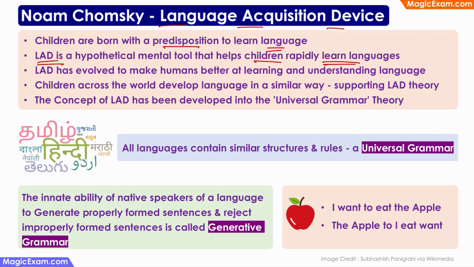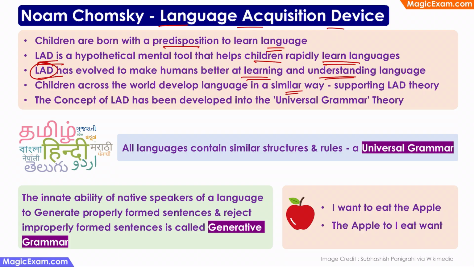And Chomsky says that the LAD has evolved to make humans better at learning and understanding languages, because humans are capable of using very complex language and other animals are not. So that is because humans have this LAD. At the beginning of their life, during their childhood, they have the language acquisition device, which helps humans learn and understand language. And children across the world develop language in a similar way.